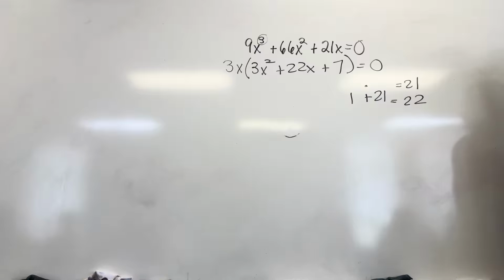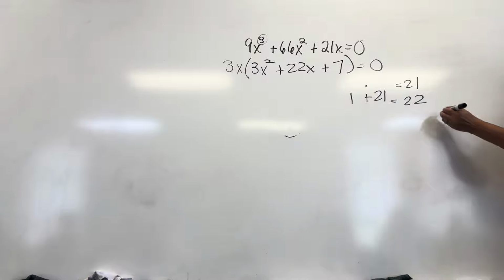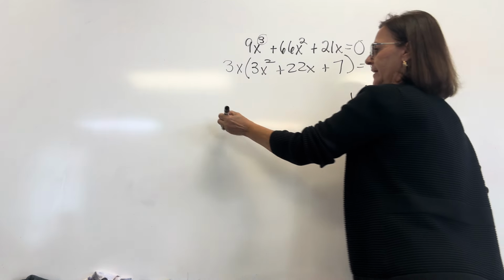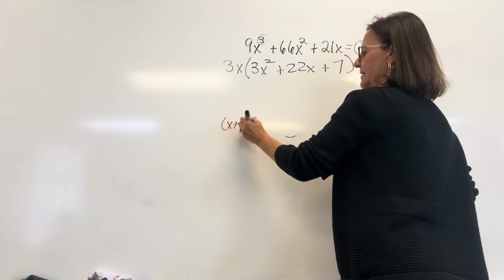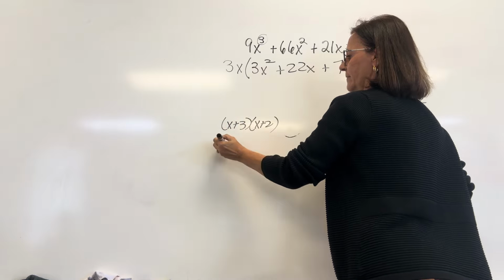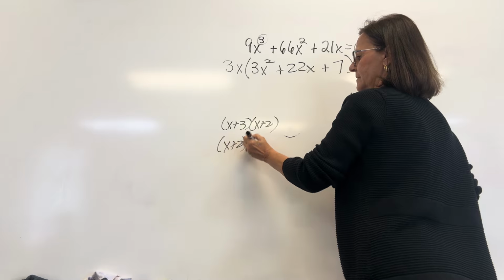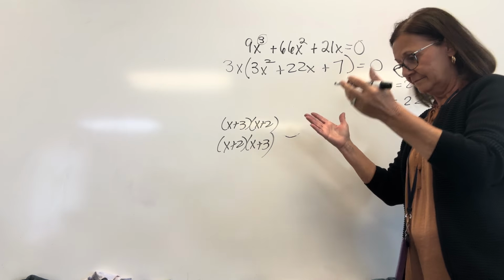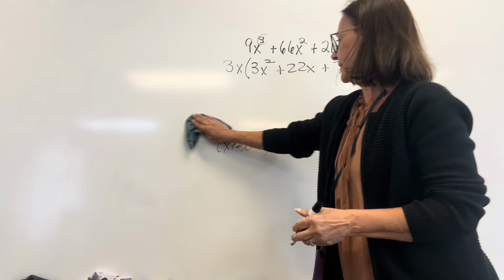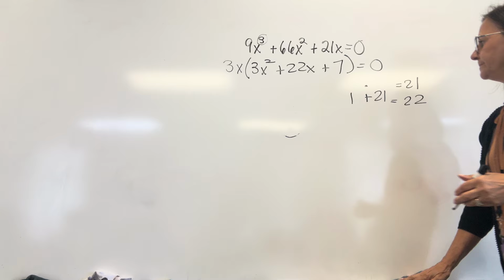It doesn't matter. We can put 21 and 1. It doesn't matter because x plus 3 times x plus 2 is the same thing as x plus 2 times x plus 3. Commutative property of multiplication.